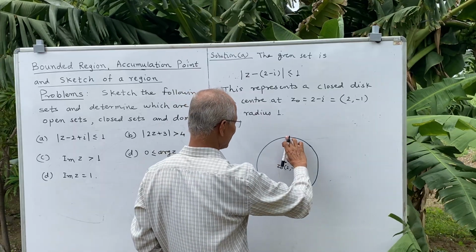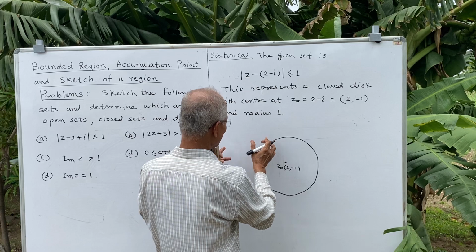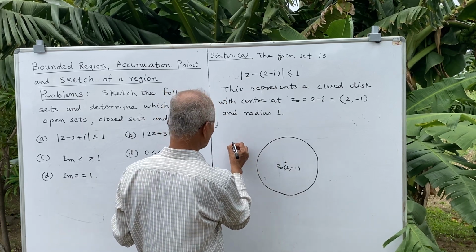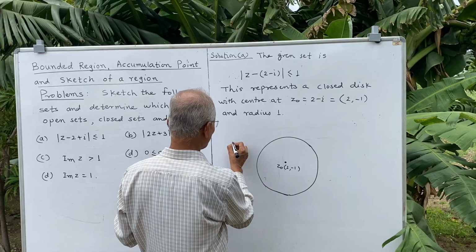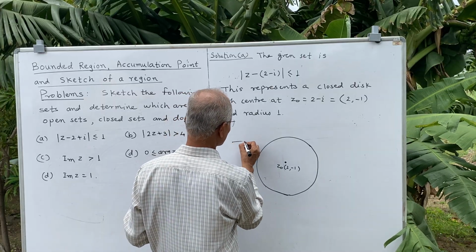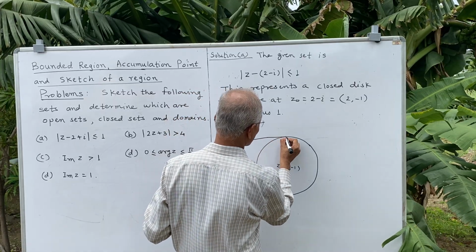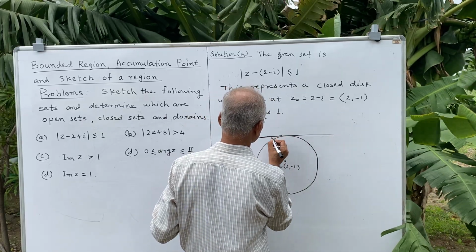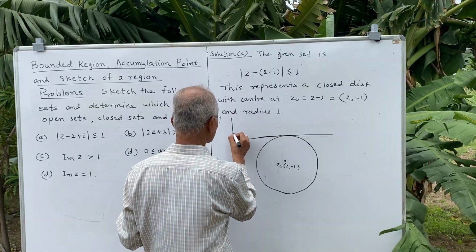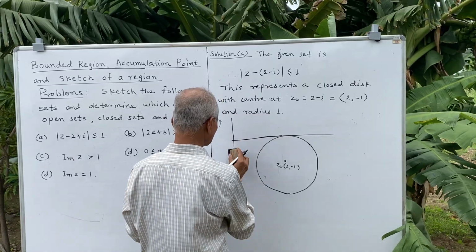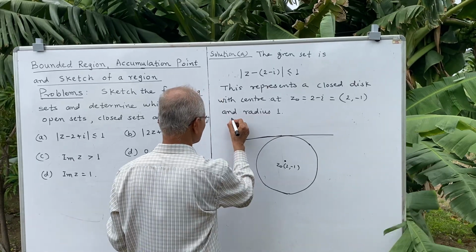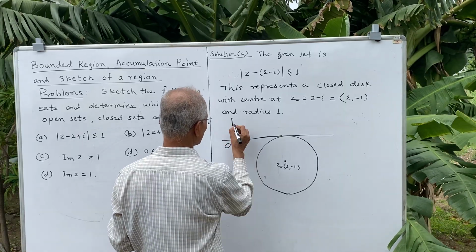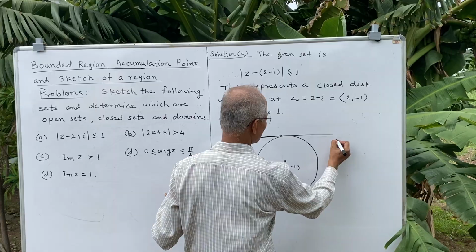So this is 1 unit and 2 units on the x axis. Approximately we will take it like this, and this will be the x axis. The x axis will touch the disk, and this will be the y axis. So origin, this is x.